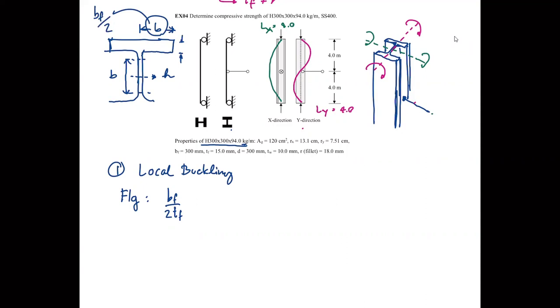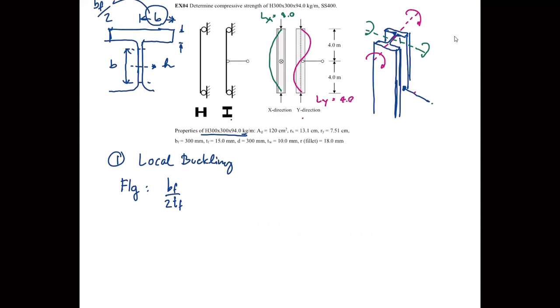It's half the width of the flange. So this becomes BF over 2 and then divided by TF. You can use the number from here because the BF is here 300 divided by 2, and then the thickness of the flange is 15 millimeters. So this is 10.